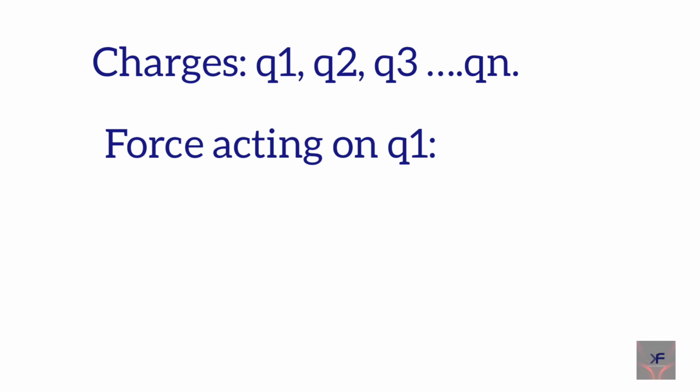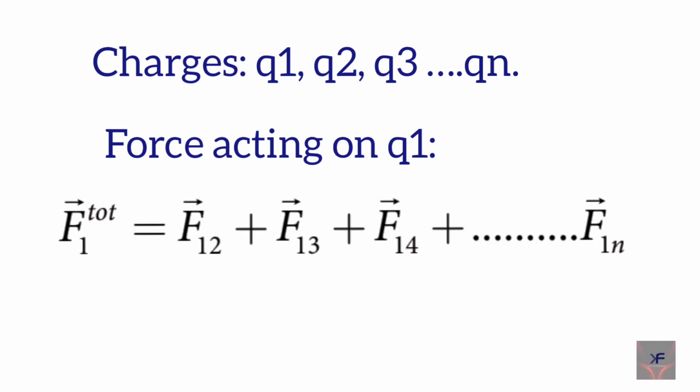Now consider a system of n charges, namely q1, q2, q3, up to qn. Then the force acting on q1 is F total, equal to F1,2 plus F1,3 plus F1,4 plus ... up to F1,n.